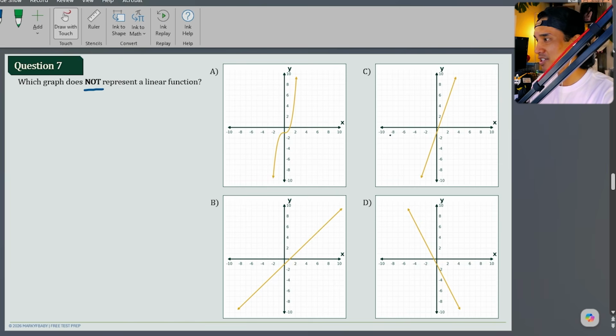A linear function is just a straight line like this, going up from left to right, or going down from left to right. Okay, this is a negative slope. This is a positive slope. This is a positive slope. And this one right here, that is not a linear function. So not a linear function, that's A.